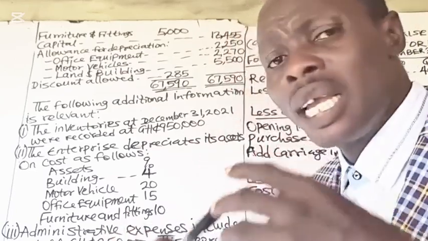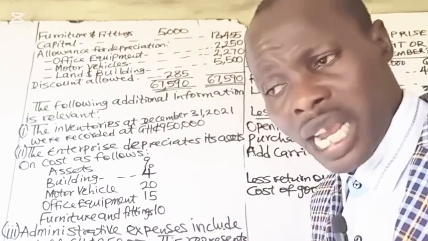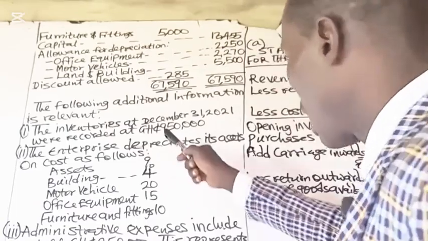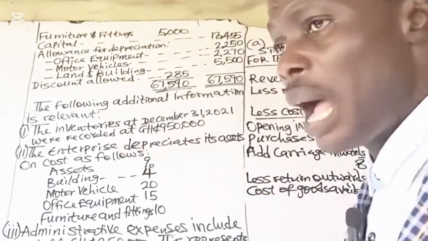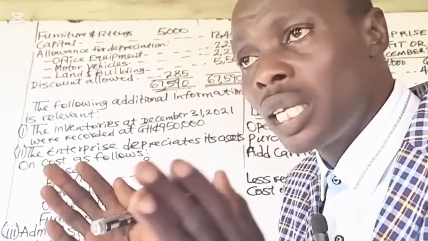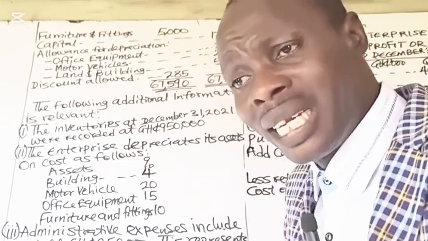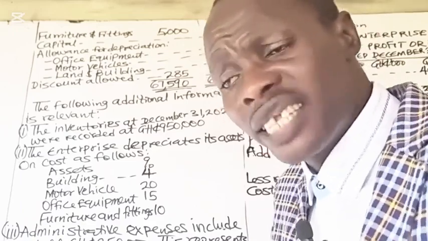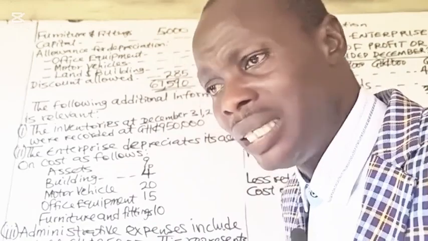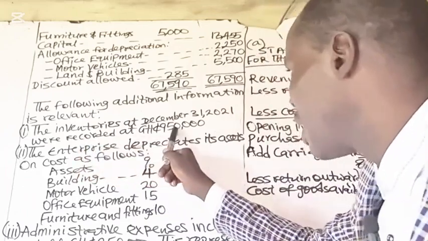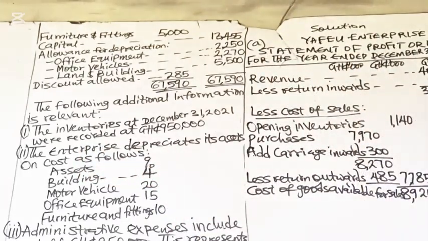So the inventories in hand at the end of the accounting period are said to be the closing inventories. That means after the entity has sold some inventory, the ones that remain unsold, still in hand at the year end, are the closing inventory. So we have the closing inventories of 950,000.